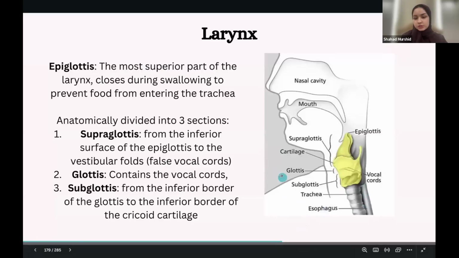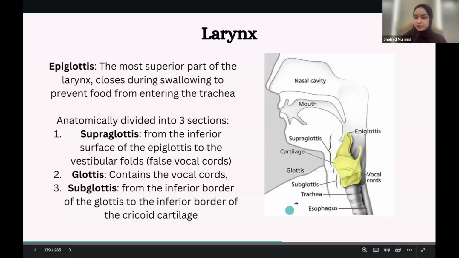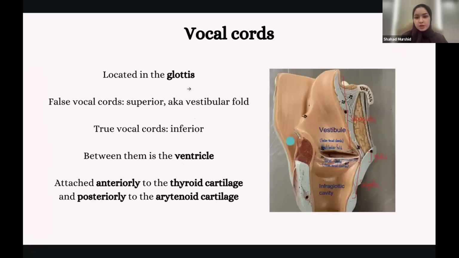So starting with the glottis, because the rest are named according to it. The glottis is the middlemost part, and it's where we have the vocal cords, which we're going to talk about. Above the glottis, you have the supraglottis, and then below it, you have the subglottis. So these are just the areas. And then for the vocal cords, we said that they're located in the glottis, and these are basically the vocal folds.